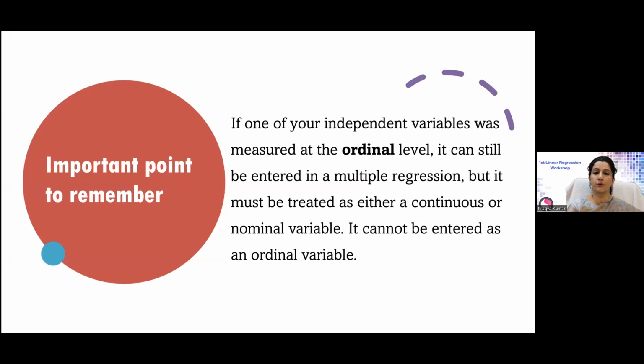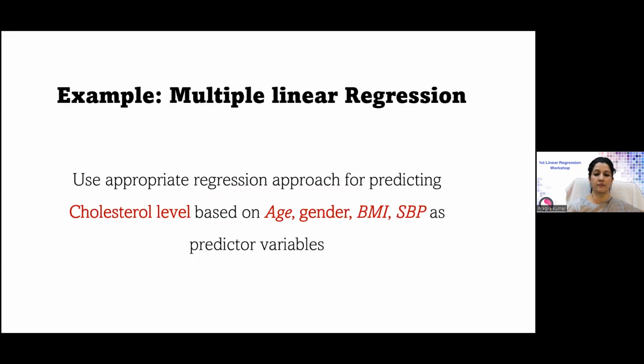And I hope you know by this time what is nominal and what is ordinal. In a nominal variable, the order does not matter, whereas in an ordinal variable, the order matters. So in standard multiple linear regression, you have to treat it like a nominal variable.